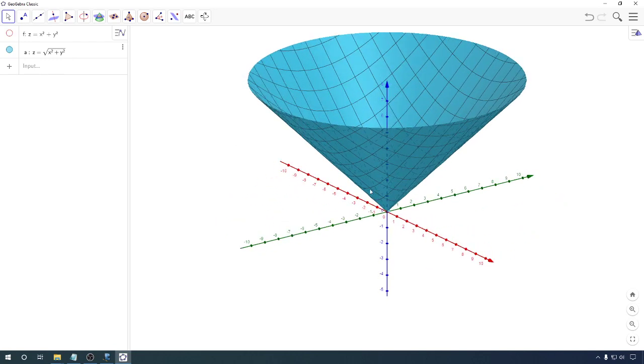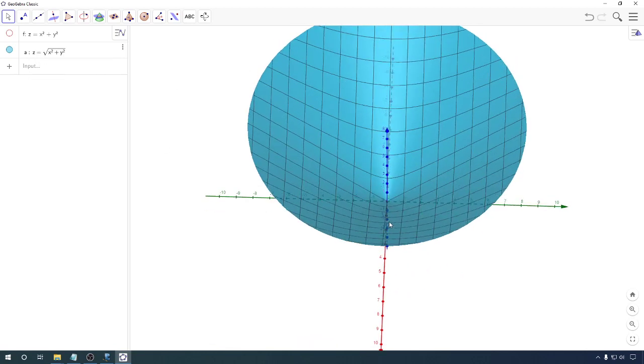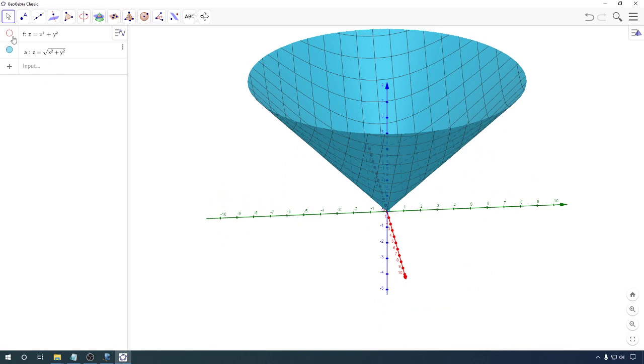We actually get, you could view it as just half of the cone. If you remember, we were viewing z squared equals x squared plus y squared as being the double cone, where we have the cone going up and we have a cone going down. But since we wrote it with the square root on this side, we just get the top half of the cone.